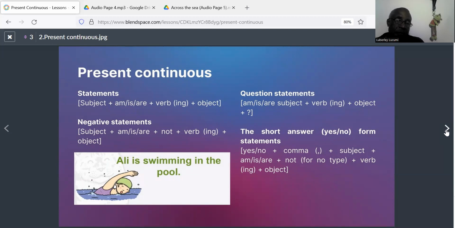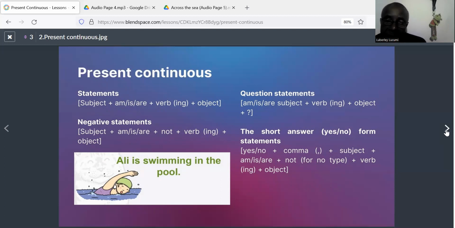Okay. Negative statement. The structure: subject, verb to be, particle not, verb plus ing, plus complement. Continue with the same example below. In that case, negative sentence: Ali is not swimming in the pool.